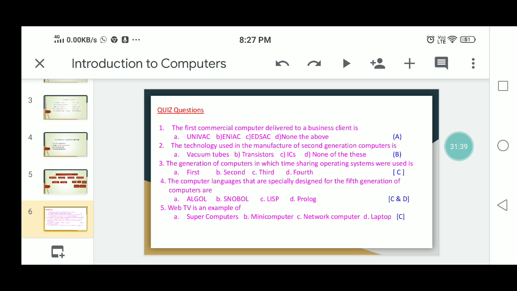Then next, the last one is the concluding session, that is the quiz session. So, I have explained all the things about the introduction to computers. What is a computer, why, because you are using the computer. Applications of the computer. Then next, different types of computers we use.